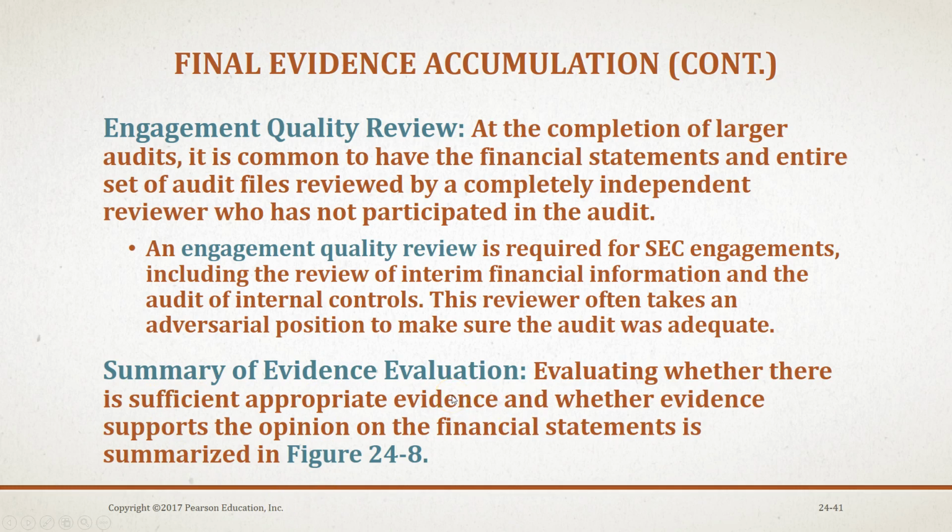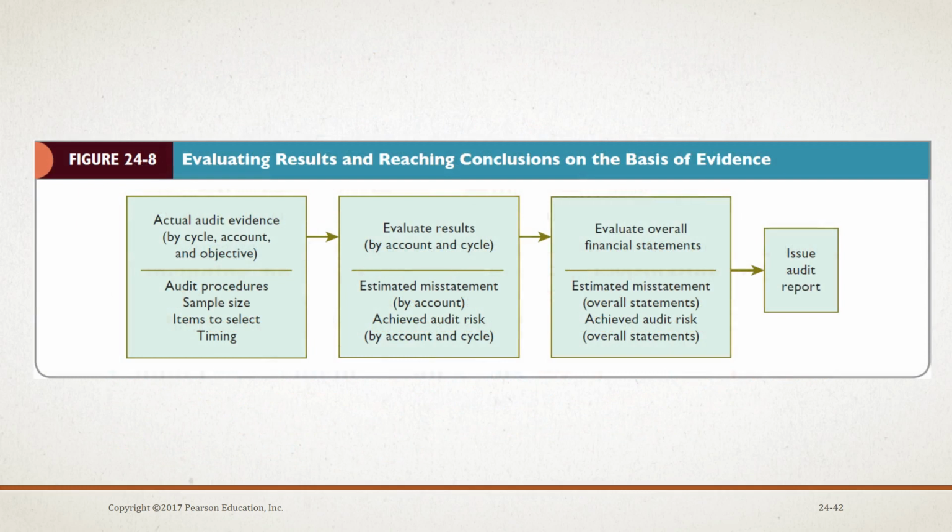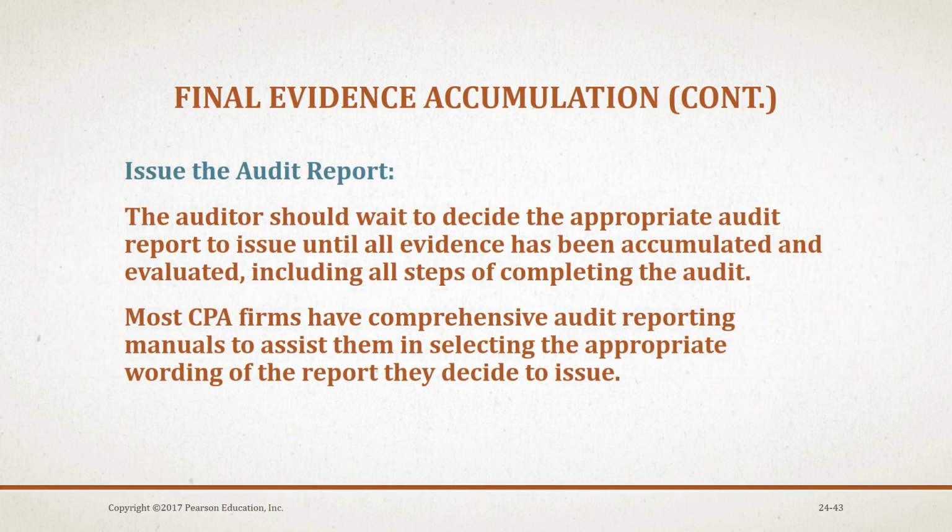Have you gathered enough evidence? Issuing the audit report. The auditor should wait to decide the appropriate audit report to issue until all the evidence has been gathered. That's the final step. Again, once the CPA, normally the partner, is comfortable.